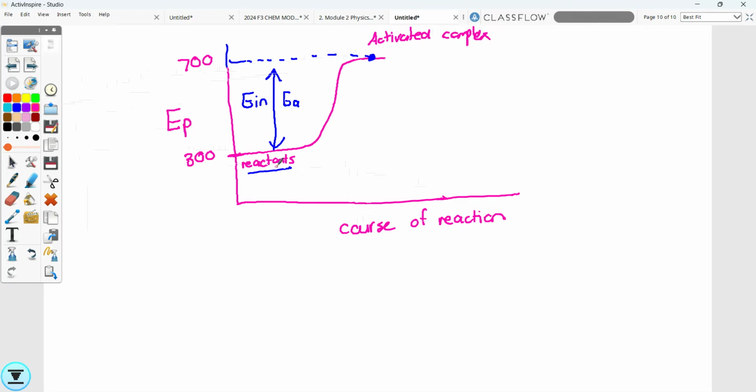The 300 is for the reactant. So what's the energy in? 400. It's a gap. It's not a point. So here, this is going to be 400, and you get that by saying 700 minus 300. I thought that was the activation energy. It is the activation energy. Energy in and activation energy is the same thing.